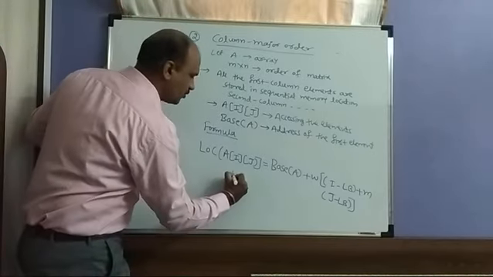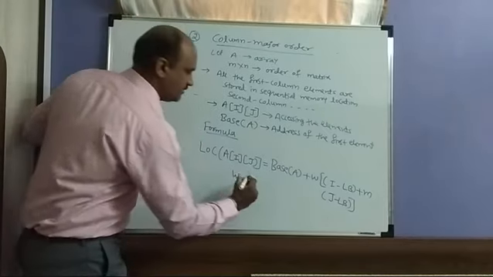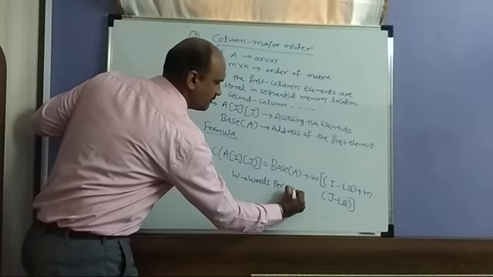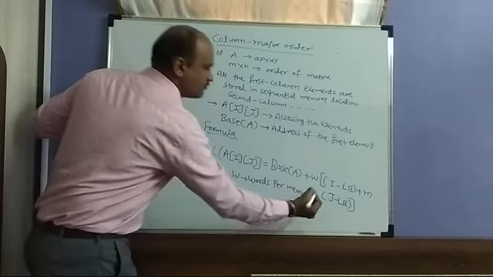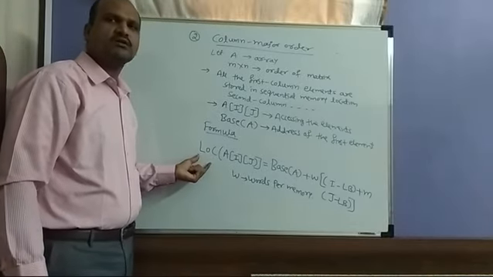So here, as I told you, w is words per memory. You have to remember both the formulas, row major and also column major.